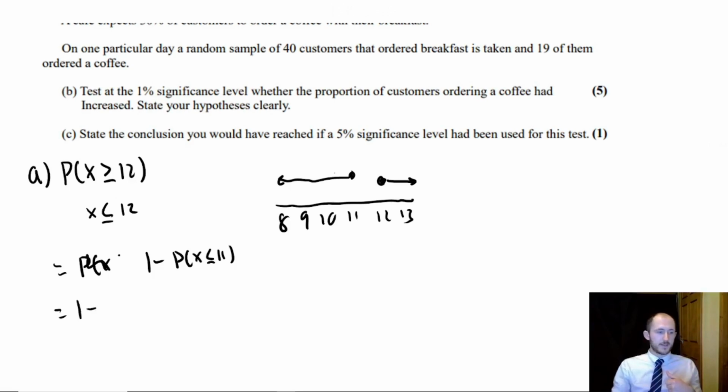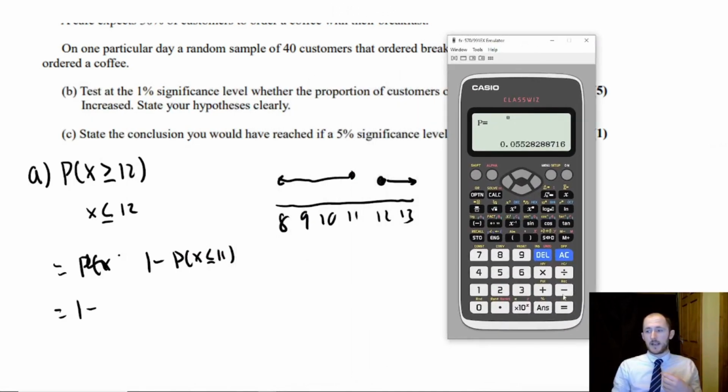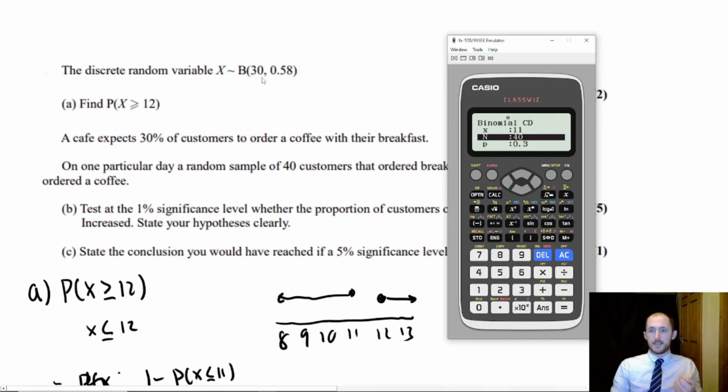So we have 1 minus, and now we're going to go back to our calculator. Again, I would thoroughly recommend you get a calculator exactly like this one, because it'll make your life a lot easier. So x in this case is 11, is the number we're actually testing. Capital N is, in this case, 30. And the probability is 0.58.